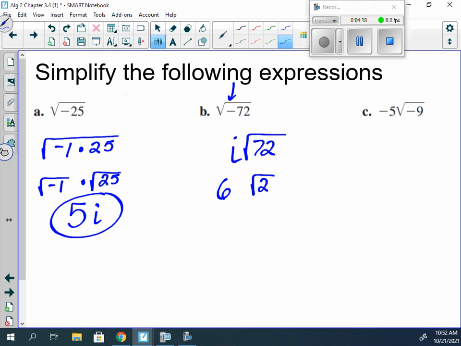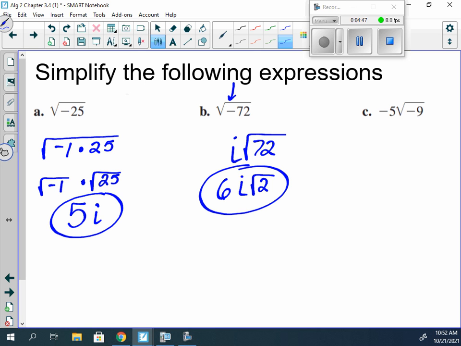It'd be 6 what? 6i. Because by removing the negative and turning it into i, which it will become anyways, it leaves us with the square root of 72, which the yellow calculator will simplify and do for us. So we just need to resolve the i, the imaginary part of it. And we get our answer, 6i square root of 2.